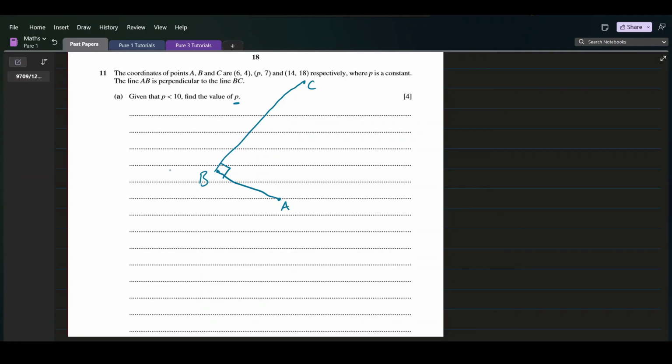So what do we know about perpendicular lines? We know that m1 times m2 is equal to -1. So let's find the gradient of BC.